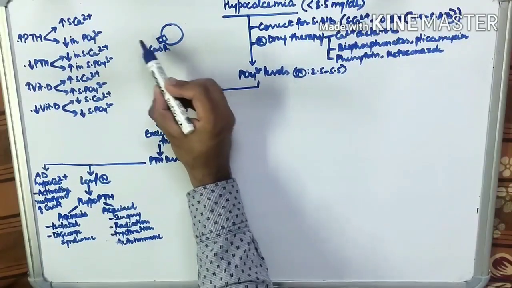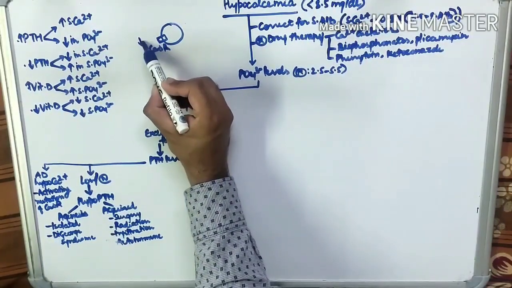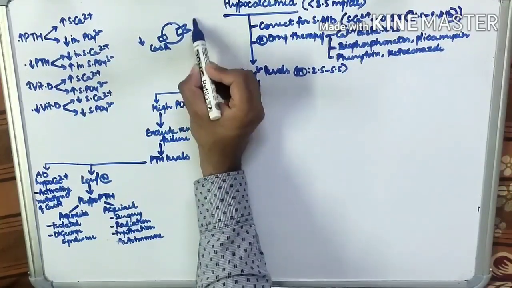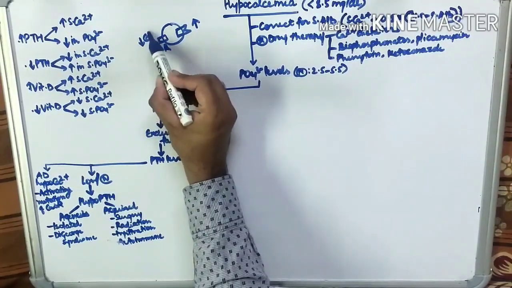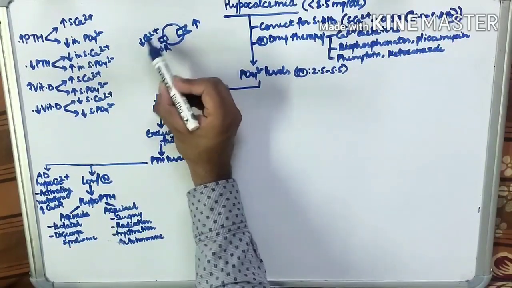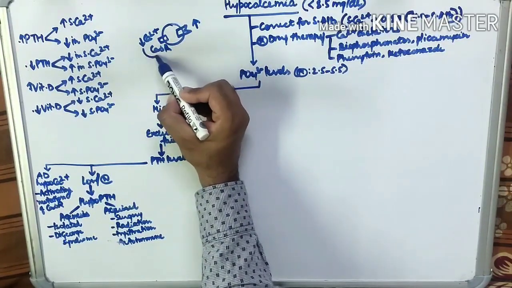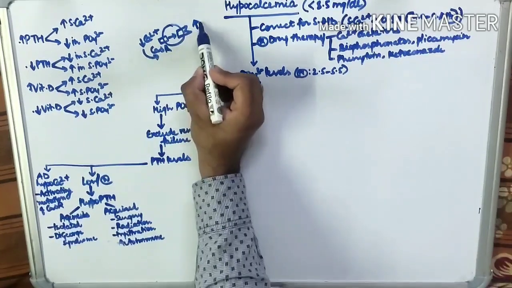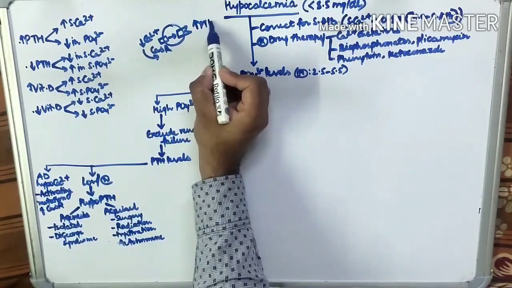If the ambient calcium concentration is low, the PTH secretion increases. Low serum calcium is sensed by calcium sensing receptor, and it in turn increases the PTH secretion.